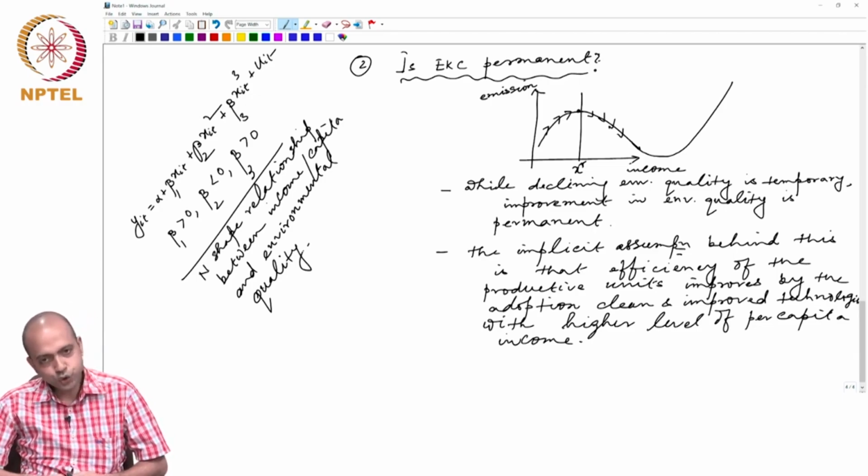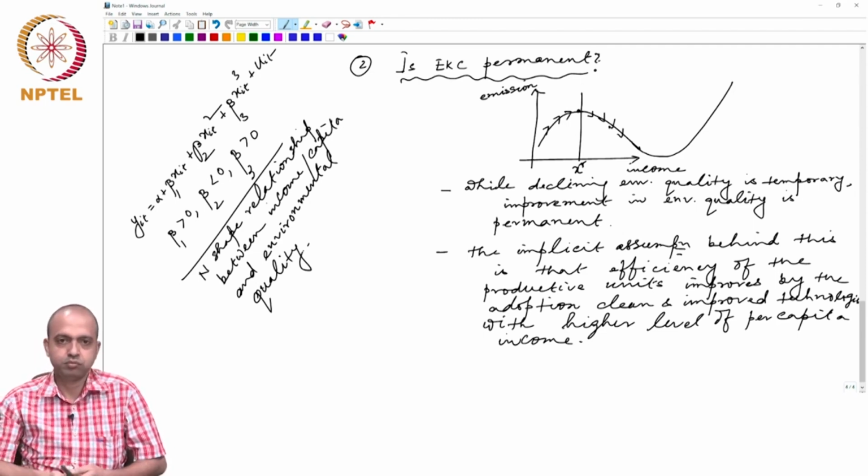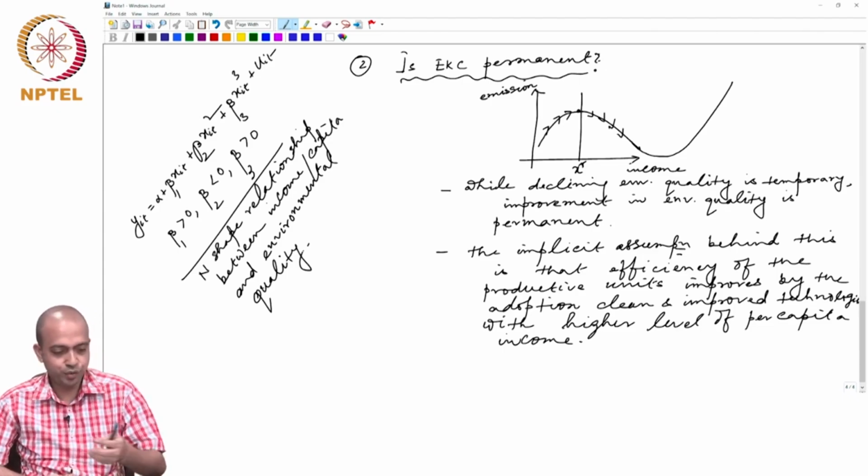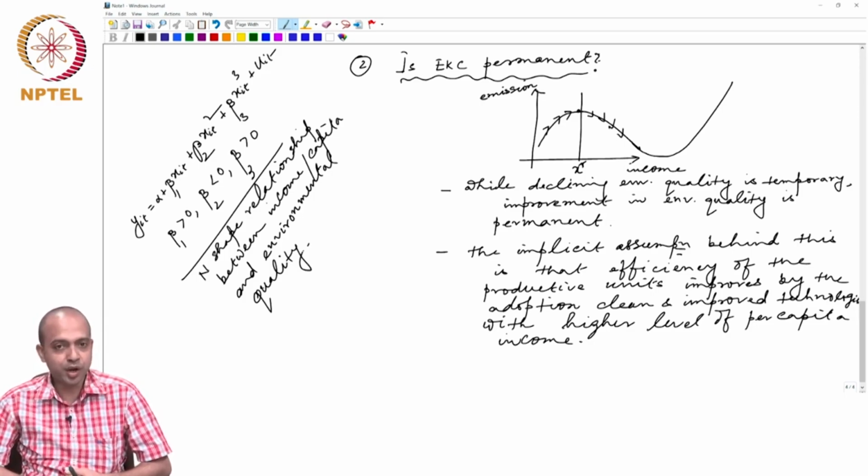Okay, this is also another type of relationship that may emerge from this technological limitation. That means when there is a limitation in technology, we may experience this N-shape relationship also. So that means EKC is not a permanent phenomenon.